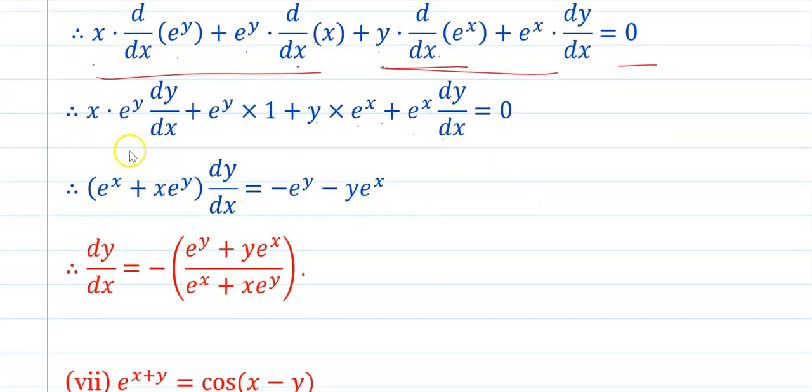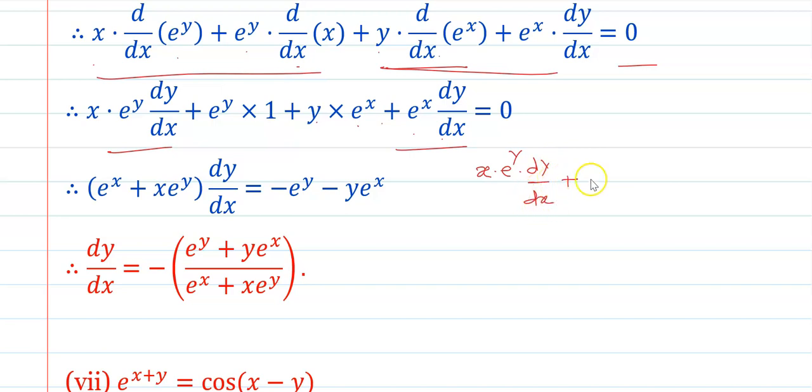Now we will collect the terms of dy by dx. That is x into e raised to y into dy by dx plus e raised to x into dy by dx. Here we collect them and take dy by dx as common. What are those terms? x into e raised to y into dy by dx.